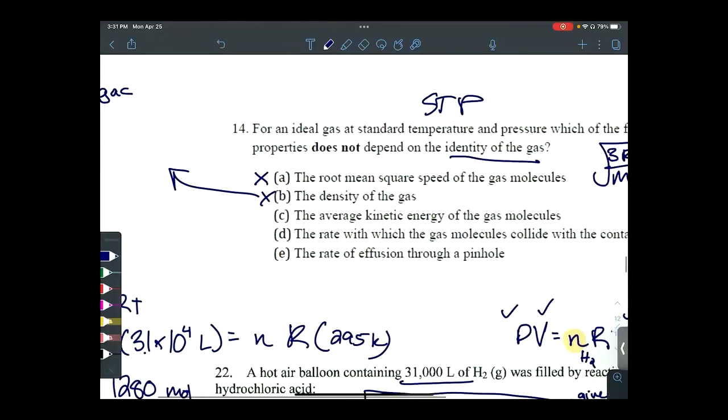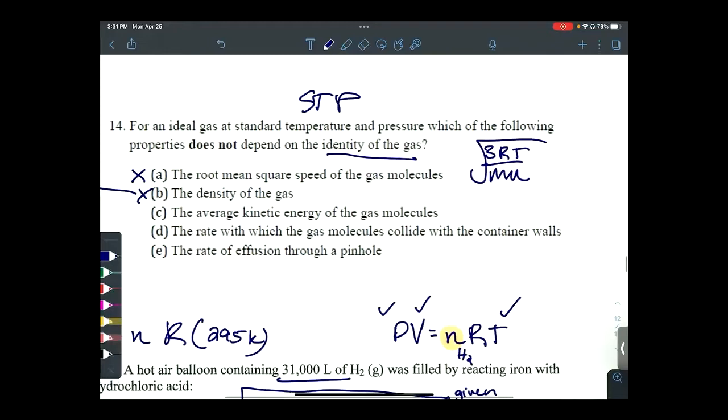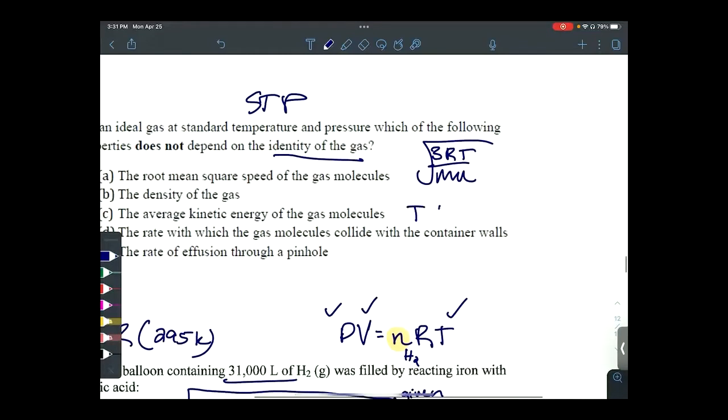C, the average kinetic energy of gas molecules. Was there a relationship that I talked about concerning average kinetic energy? Temperature is basically a measure of your average kinetic energy. Does that equation have molar mass in it? No. So does your average kinetic energy depend on what gas it is?